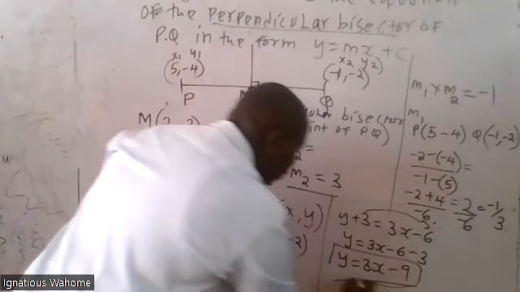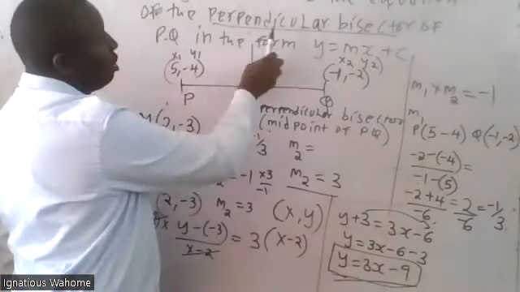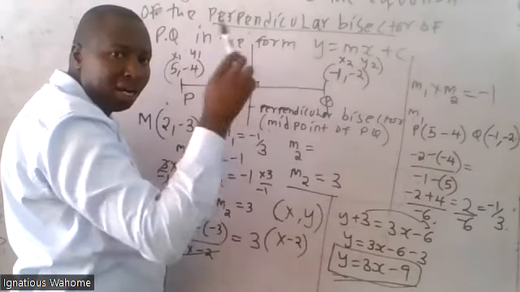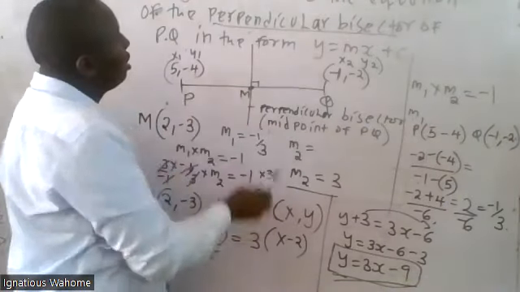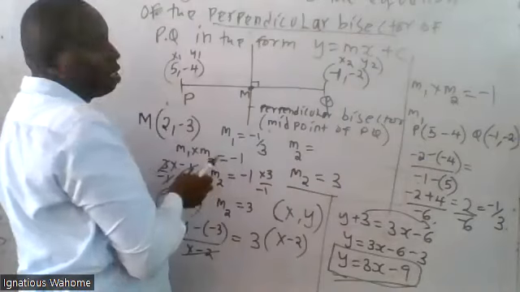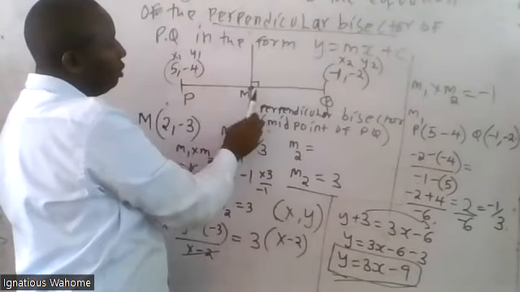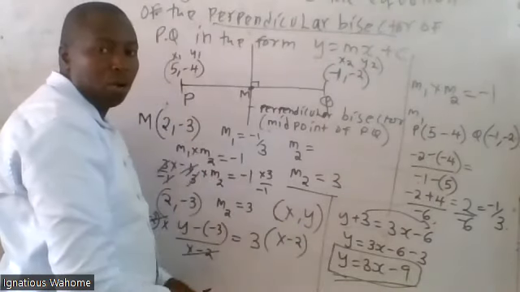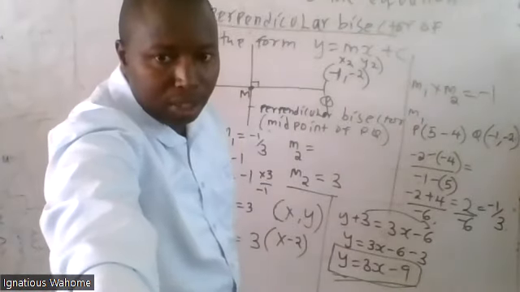And this is the equation of the line that is passing through the midpoint of P and Q, and it is perpendicular to PQ. It is the perpendicular bisector: y equals 3x minus 9.